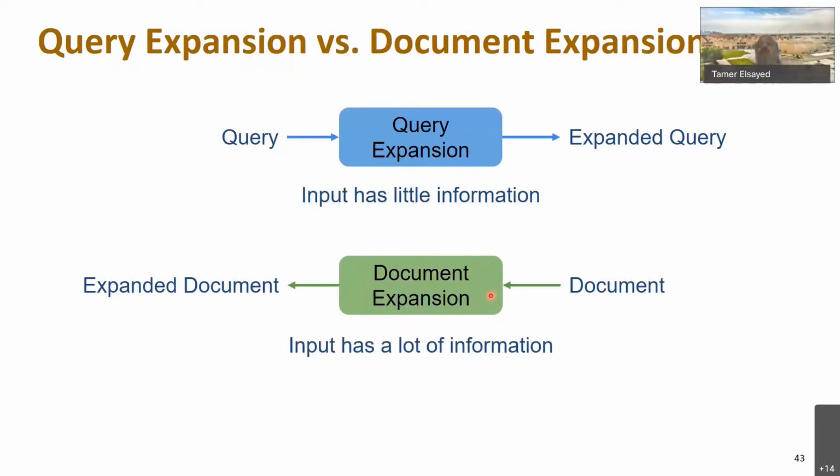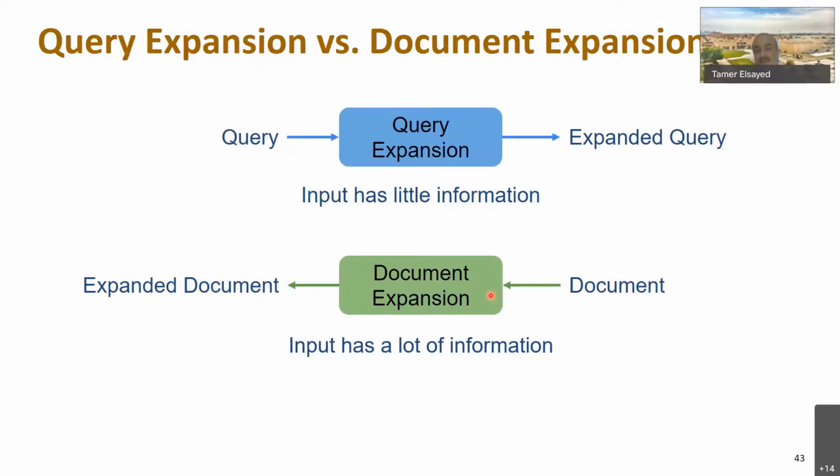So we know much more about the context of the topic. It is easier to find good terms when we do document expansion than query expansion, because we have a much larger context. We have the entire document, but for the query we have very short text, very few terms.